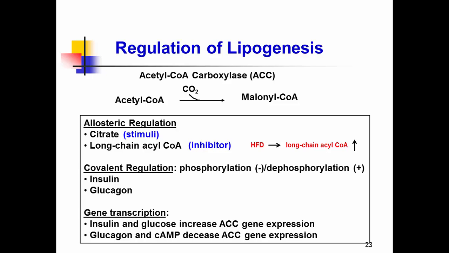Insulin and glucose both can increase ACC gene expression, increasing the levels of ACC, and glucagon, via cyclic AMP, decreases ACC gene expression, right? So there are three different levels of regulation, involving the substrates citrate and long-chain acyl-CoA, and the two important hormones, insulin and glucagon. So try to remember how ACC enzyme activity is regulated and connect this to the regulation of lipogenesis, right?